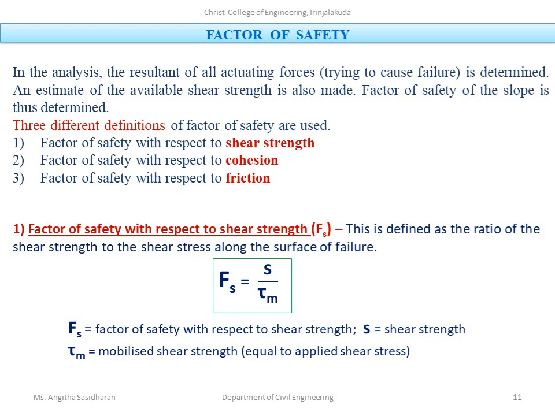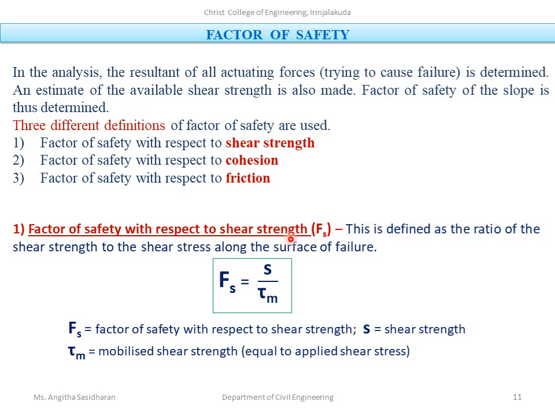Then the factor of safety can be easily determined. In this context, we come across three different definitions for factor of safety: with respect to shear strength, with respect to cohesion, and with respect to friction. We shall see these in detail.